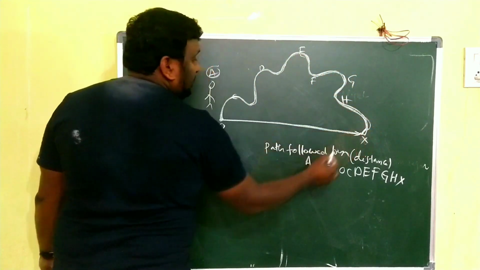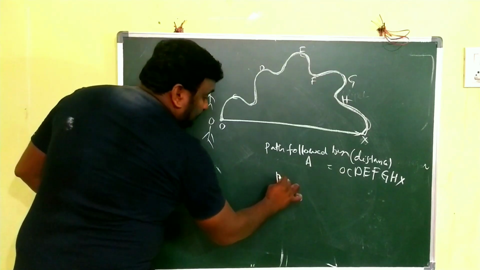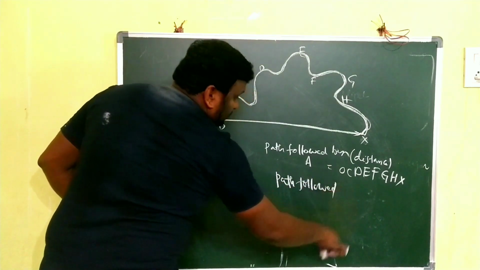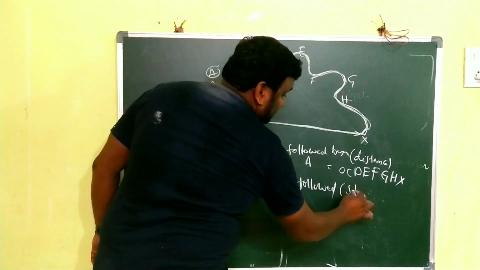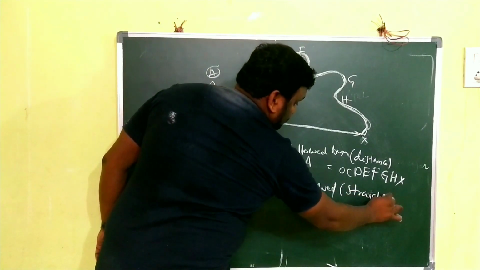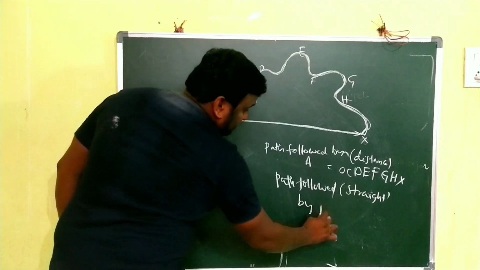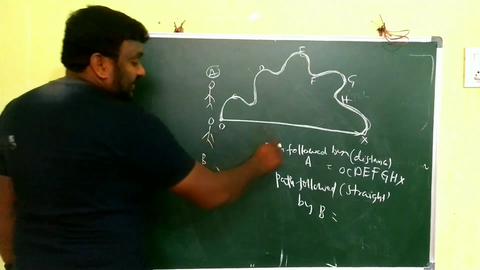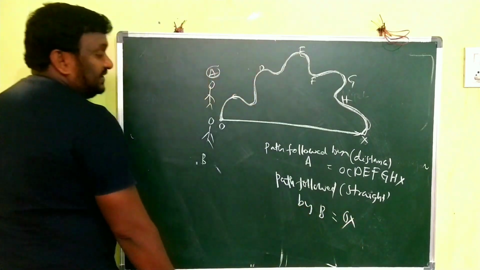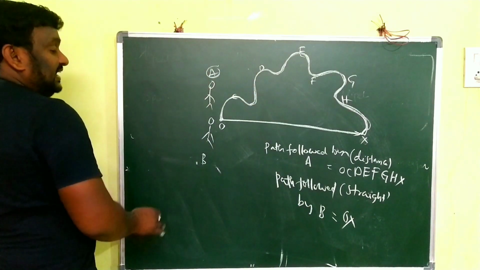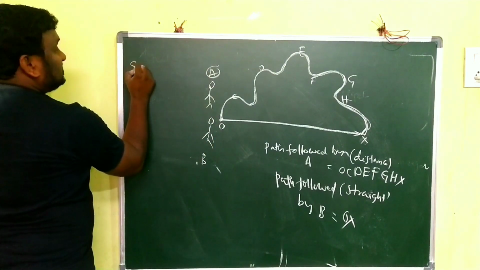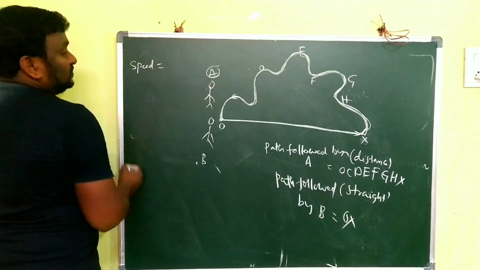Clear, children? And what is the path followed by B? It is nothing but a straight line, OX. So then in this case, A has speed. Speed of A.